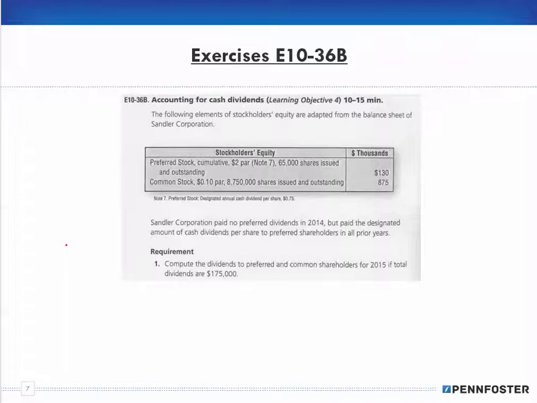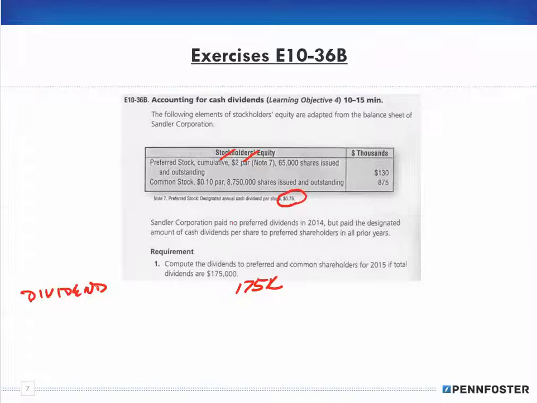Okay, so the total dividends in 2015 is $175,000. So we have preferred stock cumulative, 2% par, right? Note 7, preferred stock designated annual cash dividend per share is 75 cents.